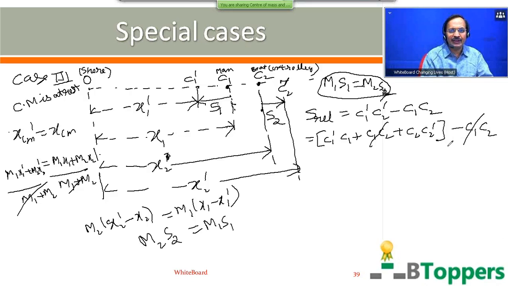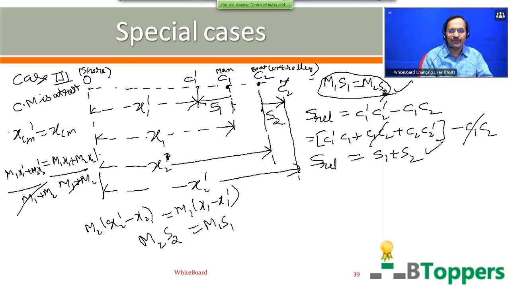C1 C2 gets cancelled here. The distance between C1 dash and C1 gives you s1. The distance between C2 dash and C2 gives you s2. That means the magnitude of the relative displacement of the man with respect to the boat is equal to s1 plus s2. So the magnitude of the relative displacement of the man with respect to the boat or trolley is equal to the sum of the magnitudes of the actual displacements of man and boat.